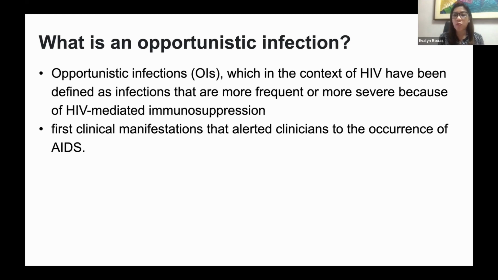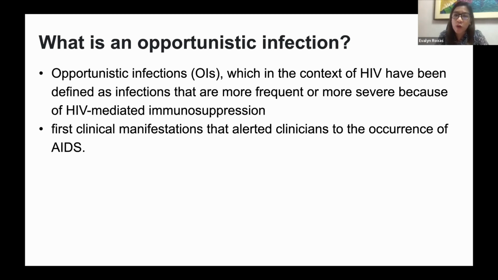Even other immunocompromised patients, those with cancer or on chemotherapy, on prolonged steroid use, are also at risk of having opportunistic infections. But for HIV per se, there is a specific discussion when we have OIs.